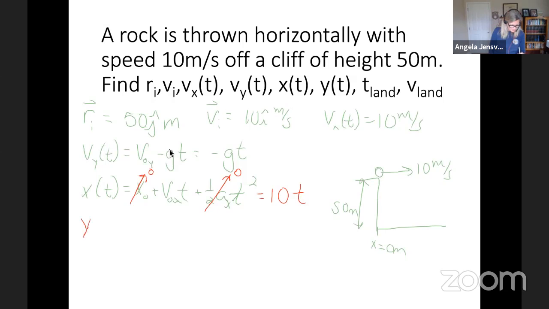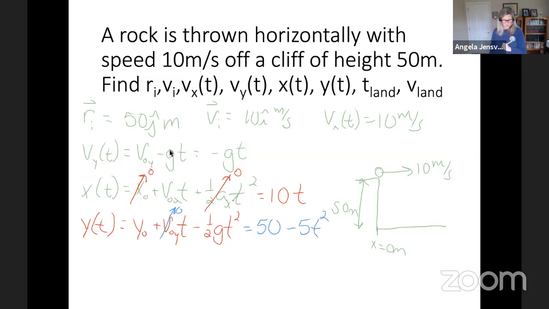The vertical position would be y naught plus v naught y t minus 1/2 g t squared, except v naught y is 0. So you would get 50 minus, I'm going to plug in 10 for g, half of 10 is 5, so 5t squared. I know I'm going a little fast, I'm sorry.